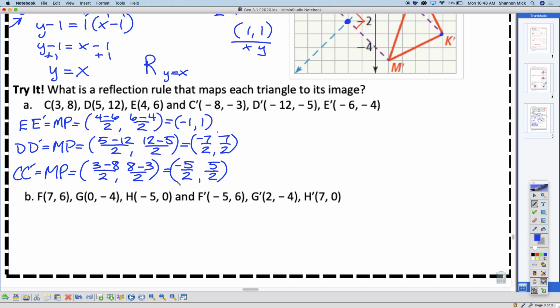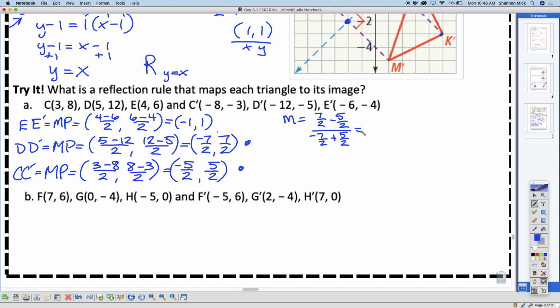So I found the midpoint, now I have to find the what? The slope. So m equals, we're going to use these two. So 7 over 2 minus 5 over 2, all over negative 7 over 2 minus the negative, so it'd be plus, right? 5 over 2.